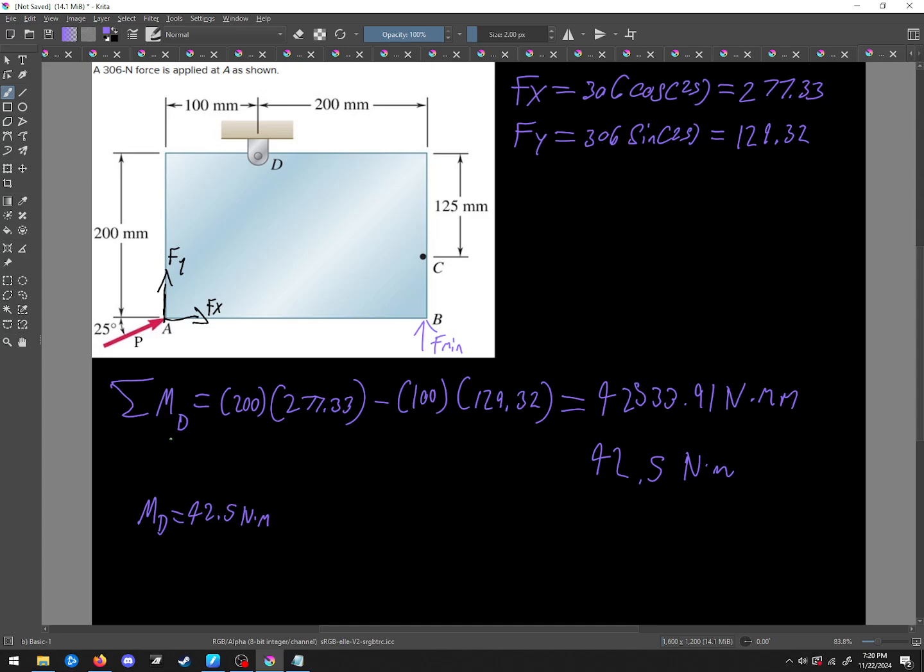And we know that the moment equals R cross F, right? We know the R, and we're looking for this. So we have two knowns and one unknown. So we could actually think about it like this.